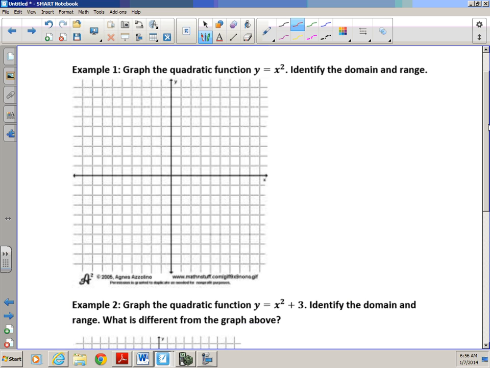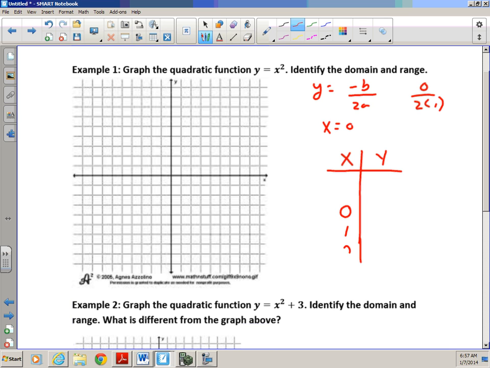So when we go through and we do x equals negative b over 2a, b is 0, so it's 0 over 2, so the axis of symmetry is x equals 0. What that means is 0 is going to be the value right in the middle of our table, and we want 2 x values above it and 2 x values below it.